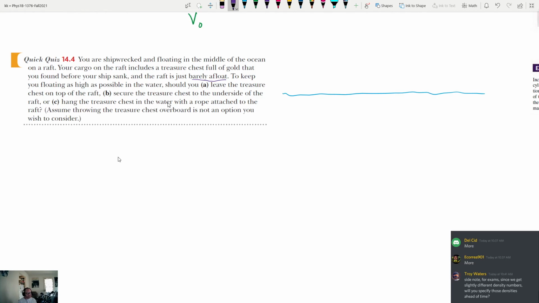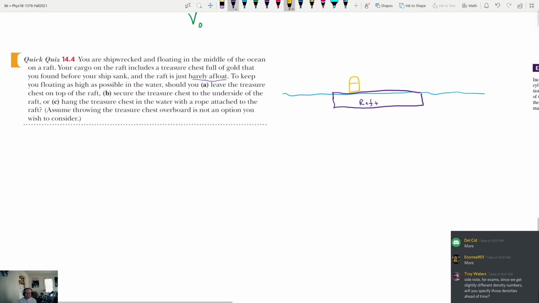I'm going to take that to mean that only a little bit of the raft is actually above the surface of the water. So you're just about to sink. It's almost the same problem that we just did. It's similar to the iceberg in the sense that your raft is just barely above the water. Here's your raft. Sitting on top of the raft is a treasure chest. So we'll draw a treasure chest right here.